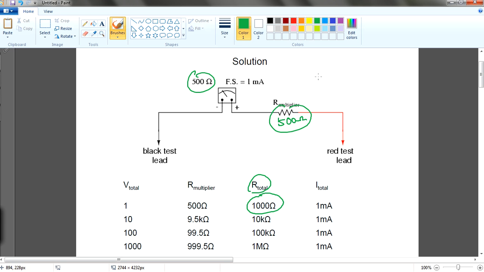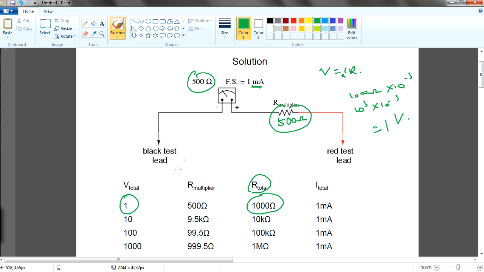Okay, so using V equals to IR, 1 milliamp, this is current, right, times 1000 ohm, which is 10 to the power 3, times 10 to the negative 3, you only have 1 volt. So you have 1 volt over here.